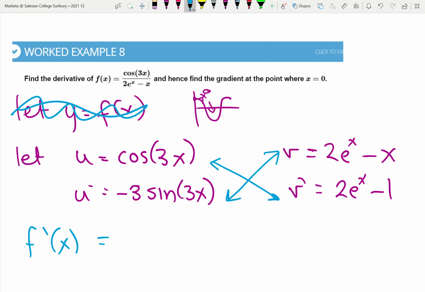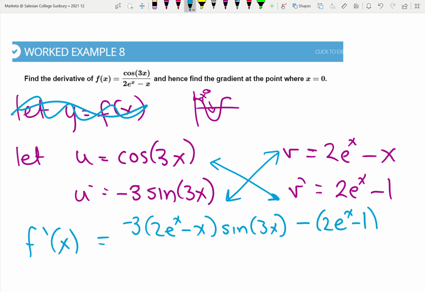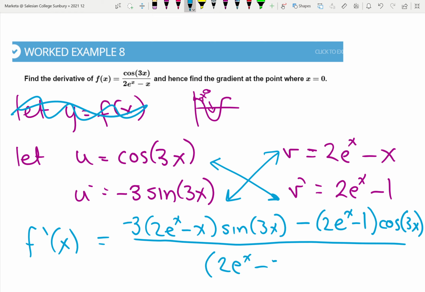We're not dealing with y at all. vu dash, so we've got negative 3, 2e to the x minus x sine 3x, minus uv dash, so 2e to the x minus 1 cos 3x, over v squared.